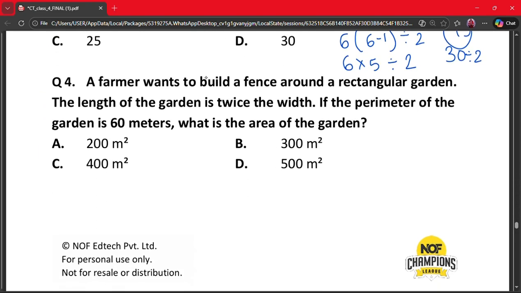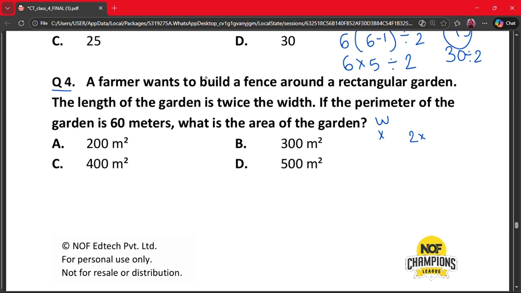Our next question is question number 4. A farmer wants to build a fence around a rectangular garden. The length of the garden is twice the width. If the perimeter of the garden is 60 meters, what is the area of the garden? A 200 meters square, B 300 meters square, C 400 meters square and D 500 meters square. So here let the width be x and the length be 2x.